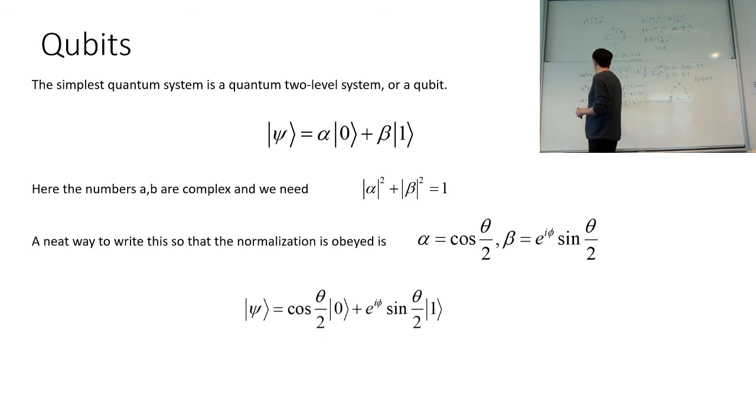So let's call alpha r e to the I chi, just a general complex number, and beta s e to the I phi. This is another way of parameterizing complex numbers: r, chi, s, and phi. So it's 4, right? But now I need the modulus of alpha squared plus the modulus of beta squared to equal 1.